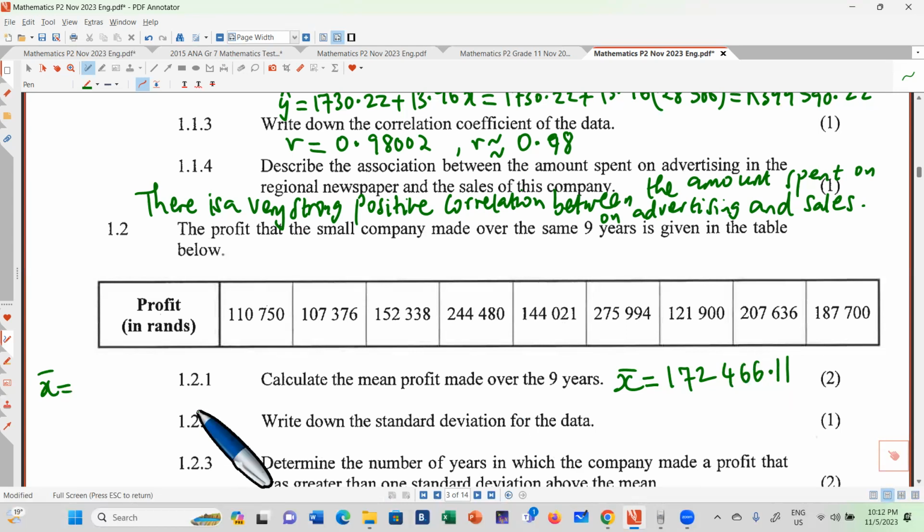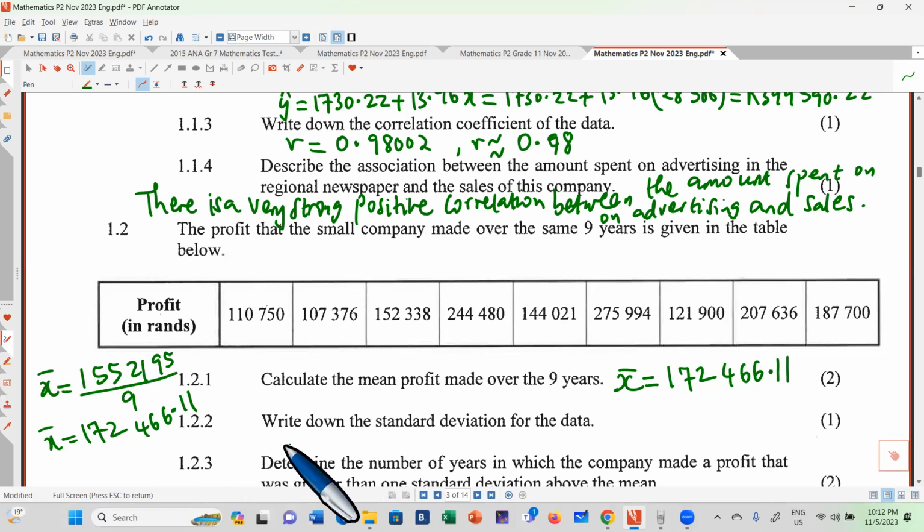So if you add all those, because I've added them up, it is 1,552,195 divided by 9. And if you do this here, it is actually exactly 172,466.11. Right, so that is what we get.